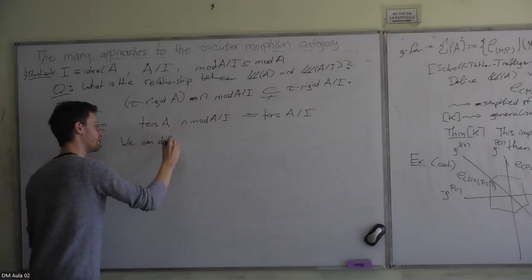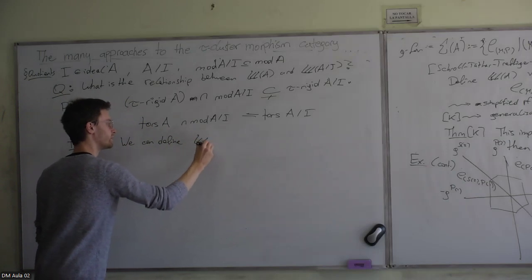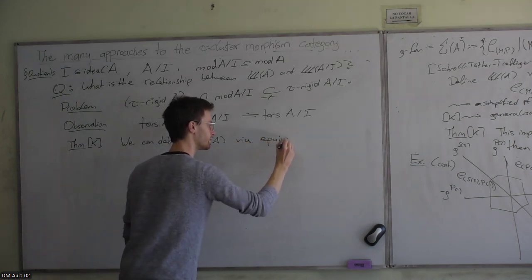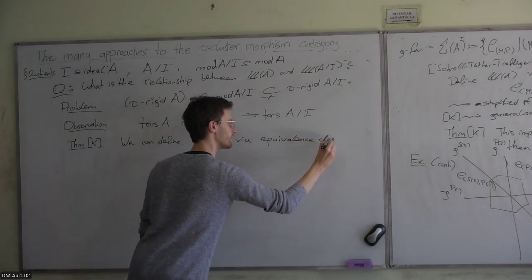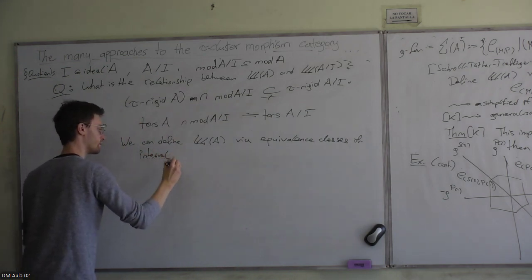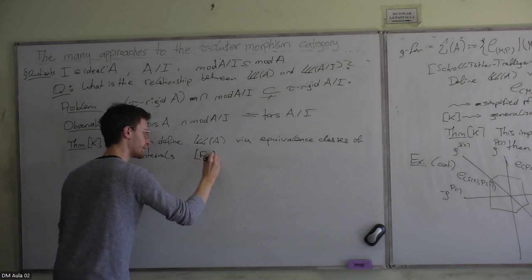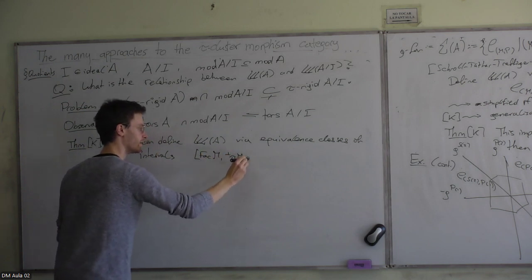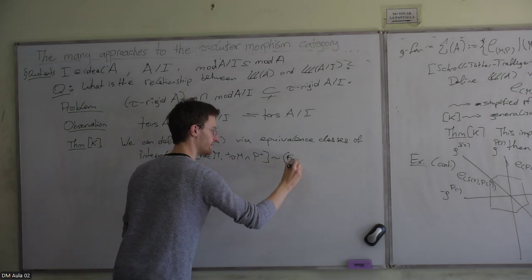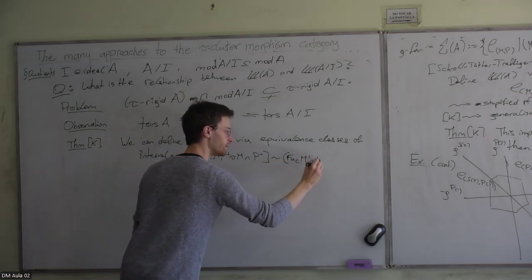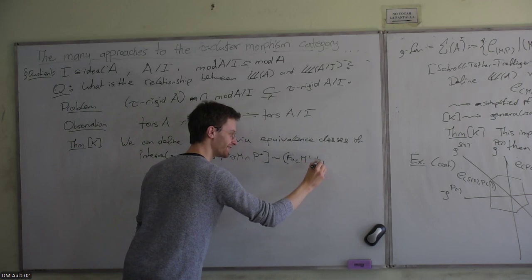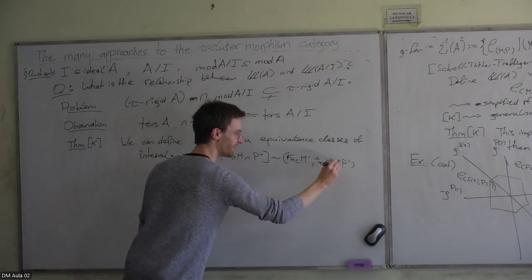I say that we can define the tau-cluster morphism category via equivalence classes of intervals of the form Fac M or perp of tau M intersect P perp, which I say is equivalent to Fac M prime, perp of tau M prime intersect with P prime perp. This is such a tongue twister.